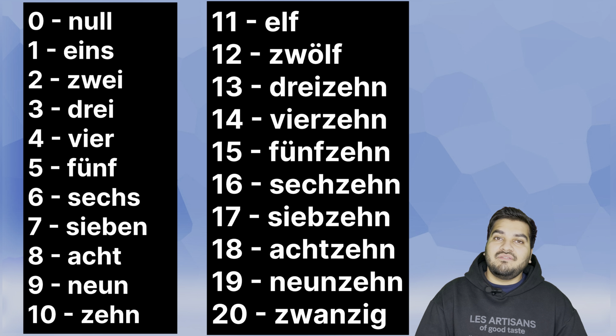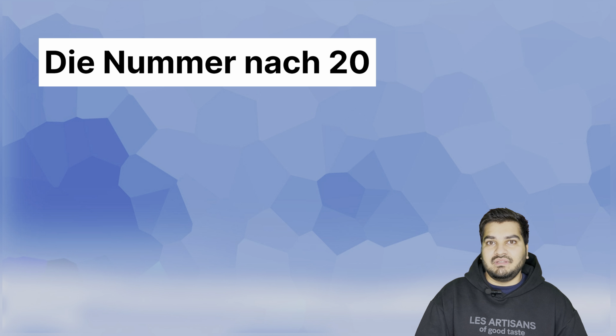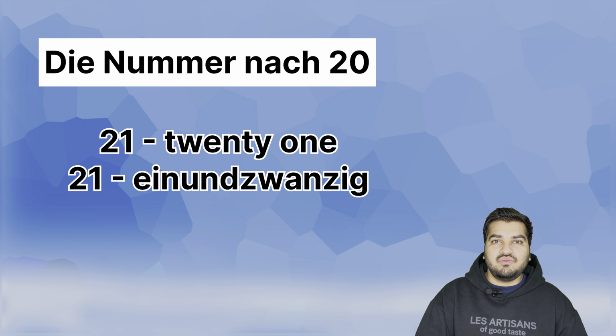Now that we have learned the counting from 0 till 20, we are going to do the counting even after 20. So in English, we say 21, which is 2 and 1. So we first say 20 and then we say 1.